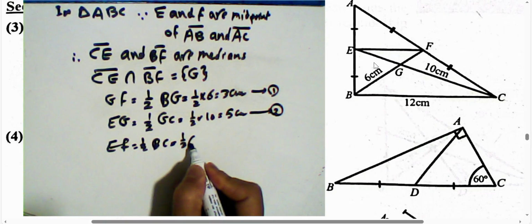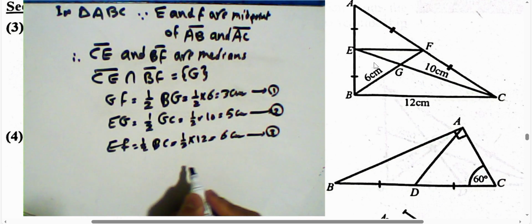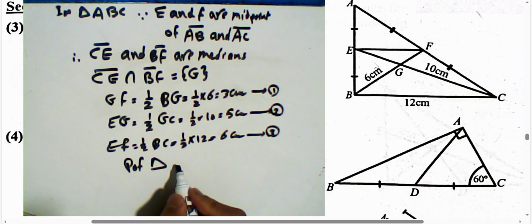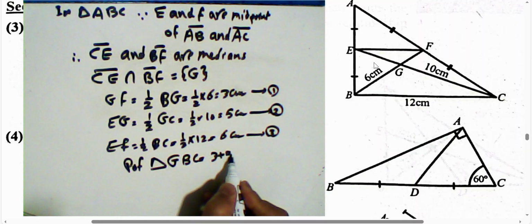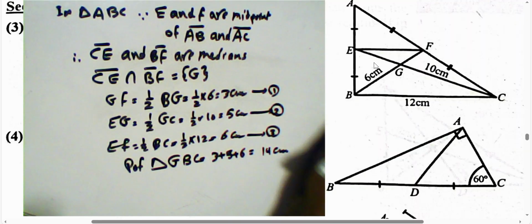Half of 12 equals 6 centimeters. It's relation number 3. From 1, 2 and 3 we can find the perimeter of triangle GBC equals 3 plus 5 plus 6 equals 14 centimeters.